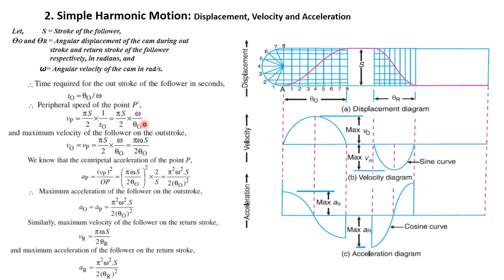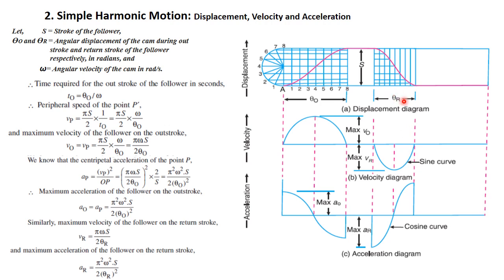Now as the value of theta decreases, these values are constant for the outstroke and return stroke. Therefore the values of s and omega are constant. So as the value of theta increases, the Vp decreases. So as Vp decreases, the acceleration also decreases.